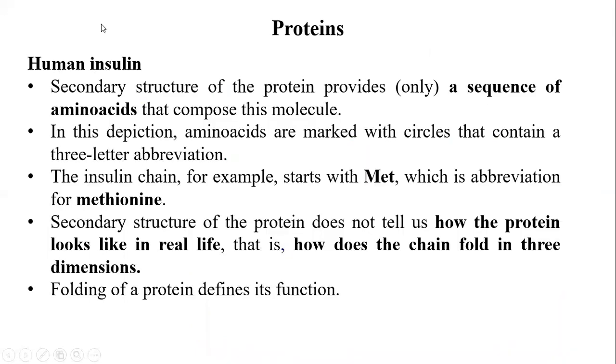Okay, and now human insulin. The secondary structure of the protein provides only a sequence of the amino acids that compose this molecule. In this depiction, amino acids are marked with circles that contain a three-letter abbreviation. जैसे कि I have already told you, there is a long sequence in the double helix DNA structure.